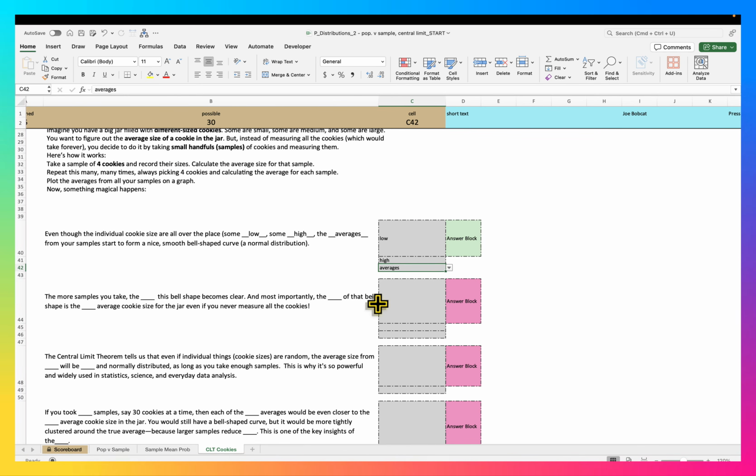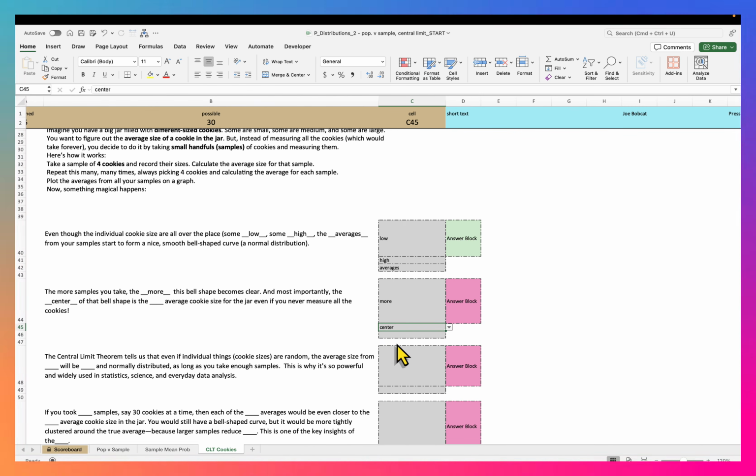The more samples you take, the more this bell shape becomes clear, and most importantly, the center of the bell shape is the real average cookie size for the jar, even if you measure all of the cookies.